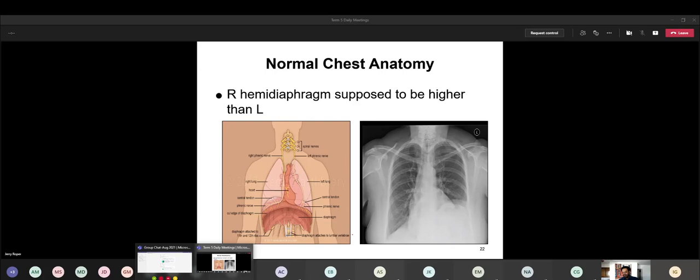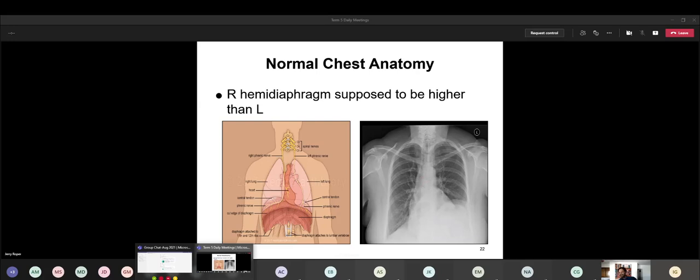I also have to comment that just looking at our general anatomy again, here is the right bronchus. Because of all this white here, it's really hard to tell where the carina is.